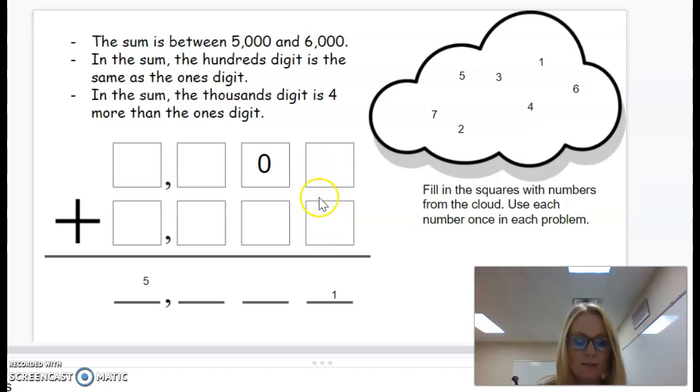So I think 6 and 5 would work, or 7 and 4 would work right here. Let's use the 7 and the 4. So let's put the 7 here, and let's put the 4 here.